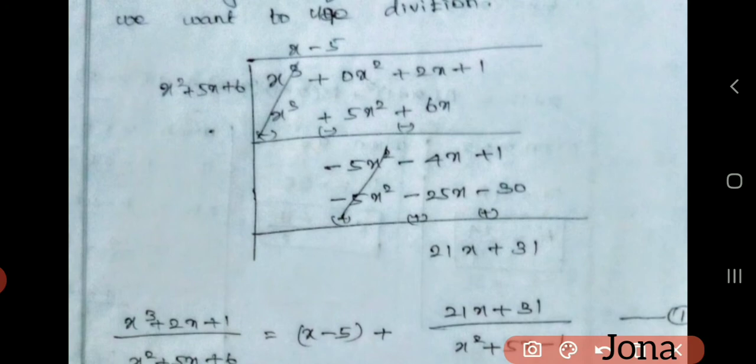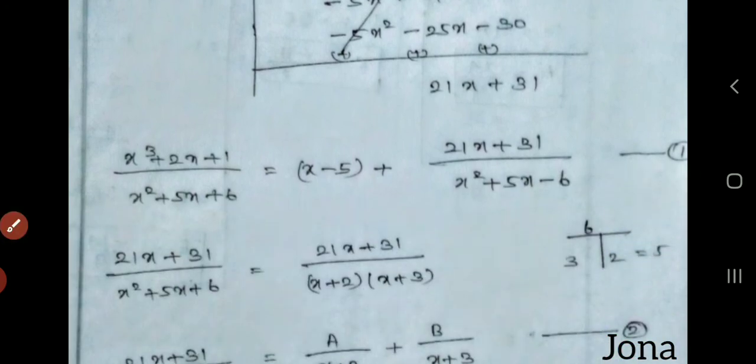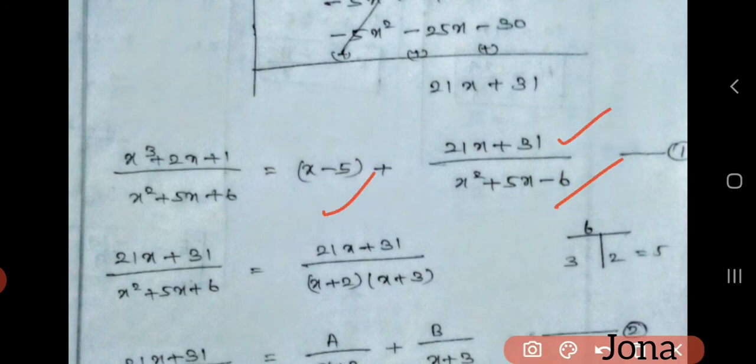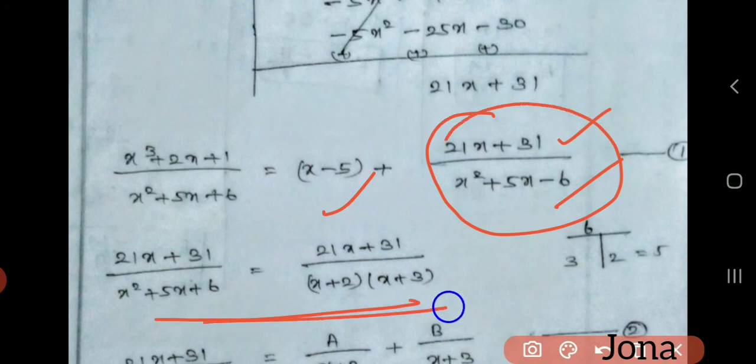So we have to write the answer like this, x minus 5 the quotient, this is the remainder, and this is the divisor. Now we want to take only this portion to find the partial fraction.